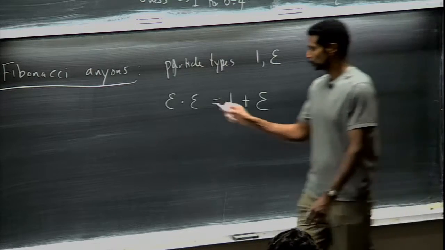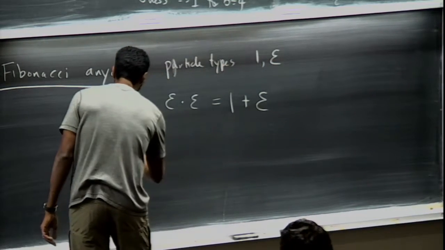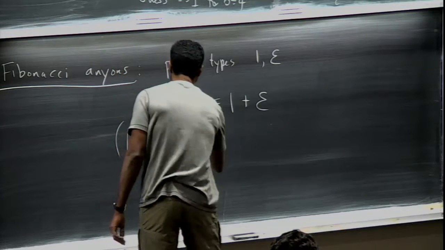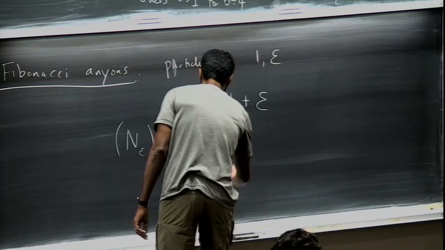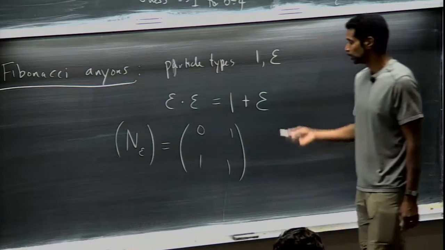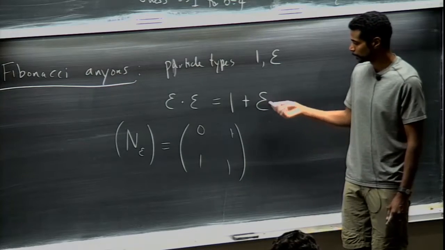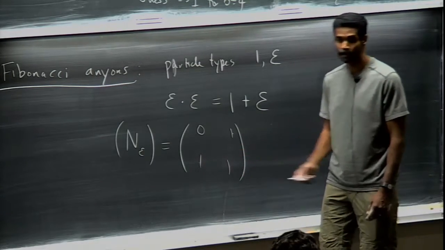So there's just one non-trivial fusion rule. If we write this fusion rule as a matrix, for n epsilon, it's this matrix because you take 1, you fuse it with an epsilon, you have to get an epsilon. You take an epsilon, you fuse it with an epsilon, you can get 1 or epsilon.